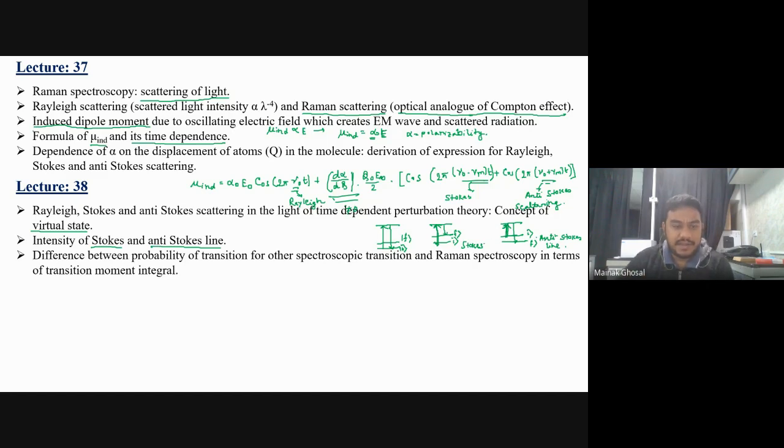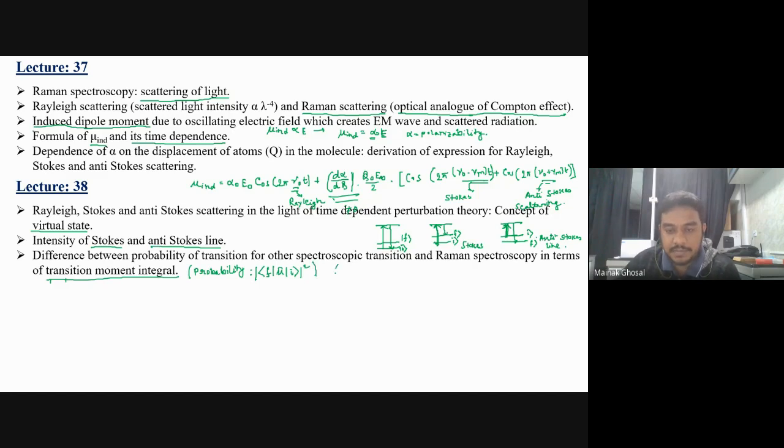Then there was a difference between the probability of transition for other spectroscopic transitions and Raman spectroscopy. This was given in terms of the transition moment integral. For other spectroscopic techniques, the probability is written as f mu i, and this part is squared, that is, the transition moment integral squared.